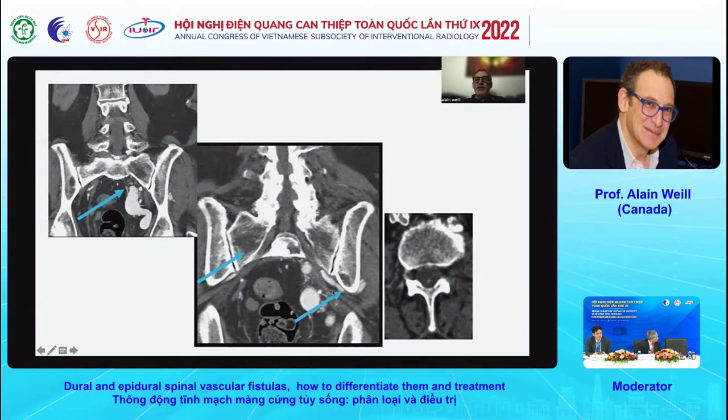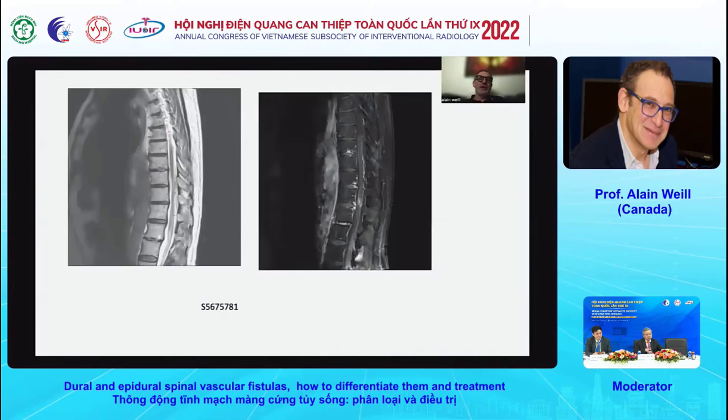But anyway, you see that the vein is entering through a sacral foramen and is entering intradurally and can then create symptoms similarly to dural fistula.